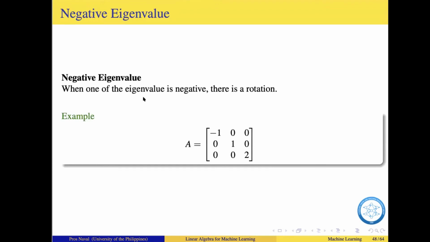When an eigenvalue is negative, it's multiplied by -1, right? If it is multiplied by -1, it points in the negative direction. So basically, there is a rotation. So a negative eigenvalue means rotation.